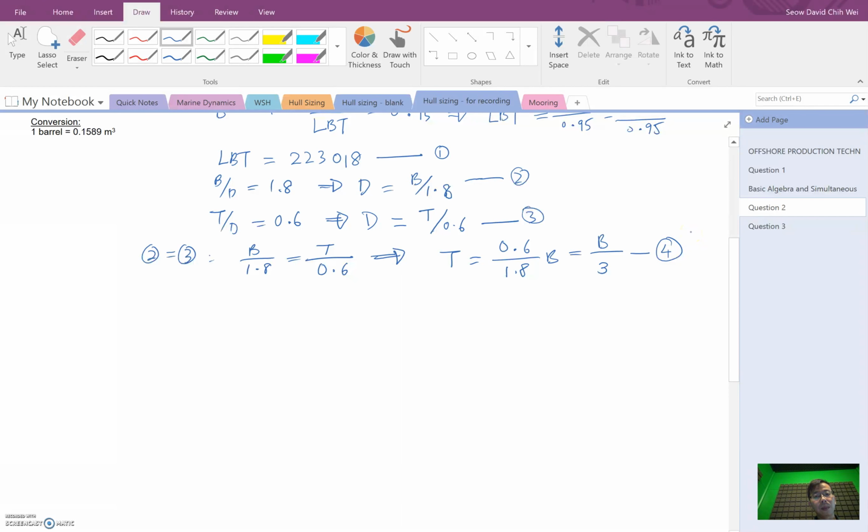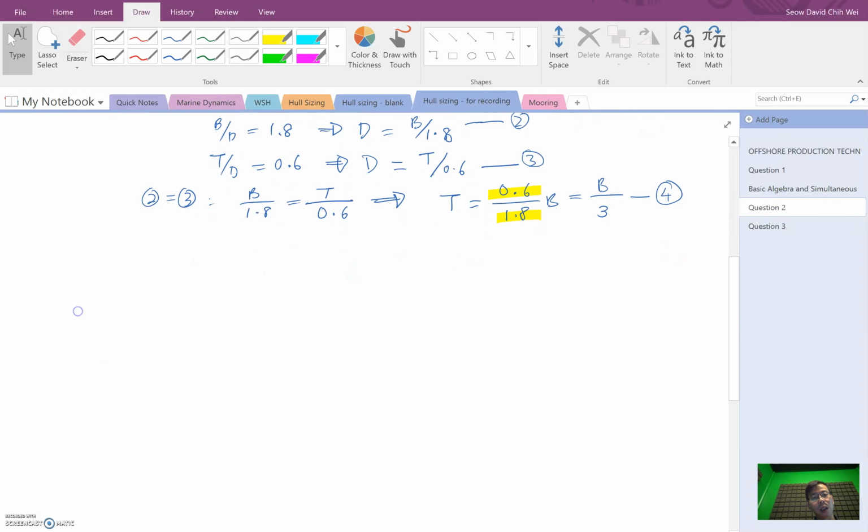So for this bit, I hope you guys can understand how I get 1 over 3. Okay, it's simple math which we need to manipulate a bit.